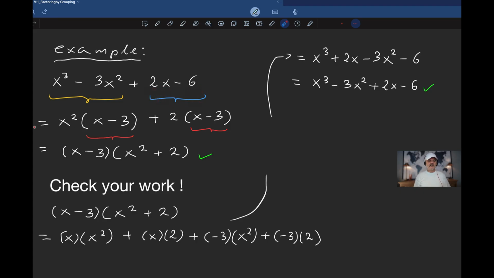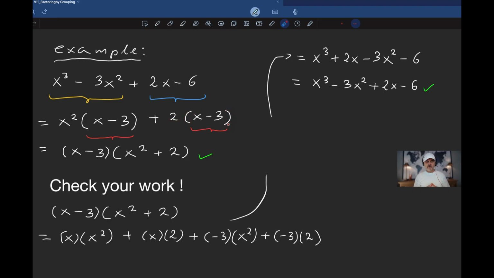So let's proceed to the next line. x squared is a new factor and you have x minus 3 left over. When you factor group number 2, you'll see that 2 is the greatest common factor and what is left inside is x minus 3.